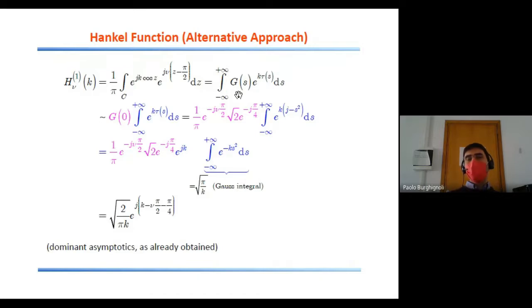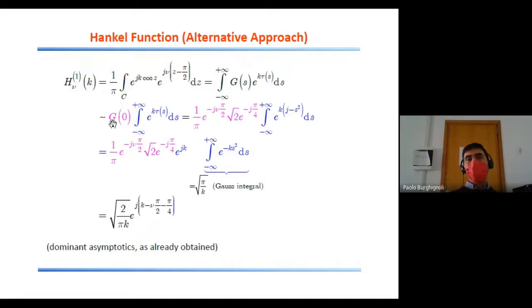We now replace the function g of s with its value at the origin, that is at the saddle point in the s-plane. And this is highlighted in purple here, whereas the remaining integral is highlighted in blue.